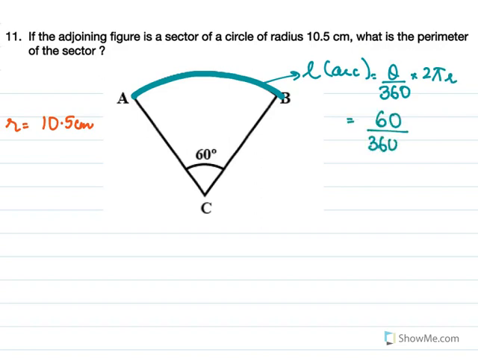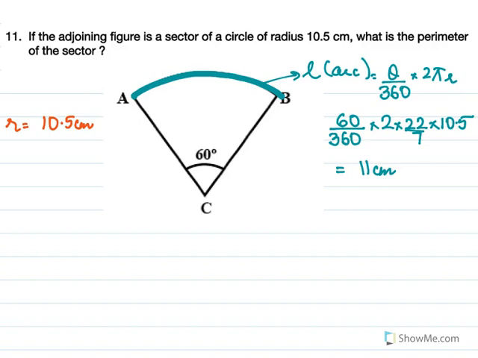Theta is 60, 360, 2 pi is 22 by 7, your r is 10.5. So this is the length of the arc, and if you calculate this, the answer comes 11 centimeter.